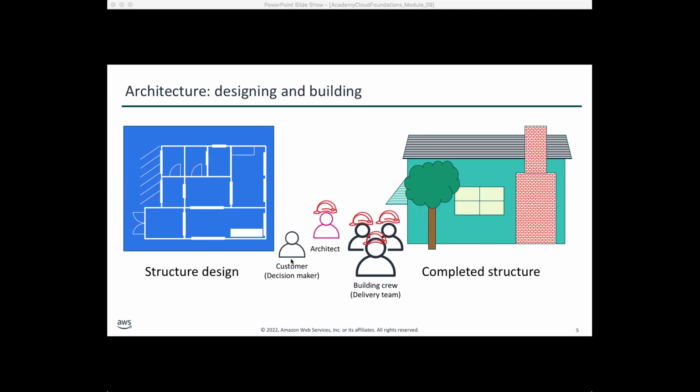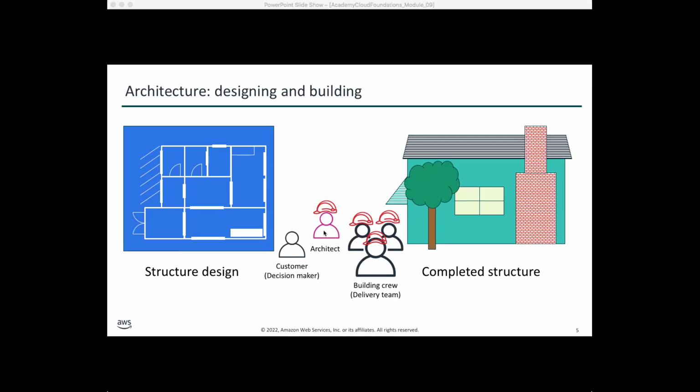So as an architect, you interact with decision makers as well as the persons or technologies or entities who will actually build. That's probably a building crew, in a house case. So as an architect, you take the design. Sometimes you design yourself based on the decision makers' decisions, suggestions or recommendations. You design the solution and then give it to the building crew, right?